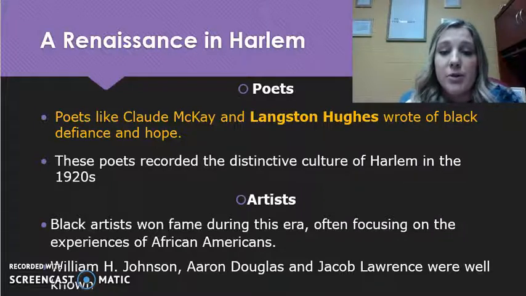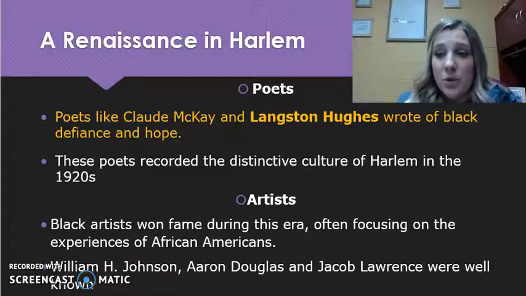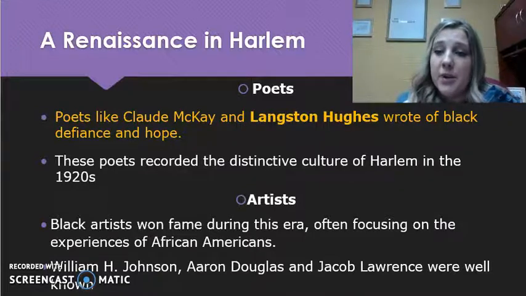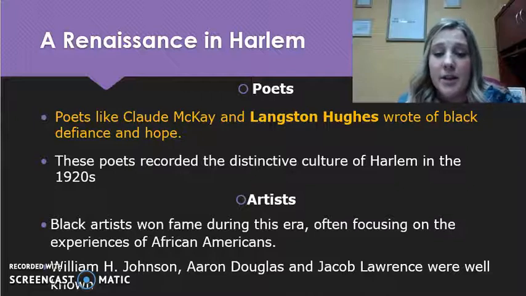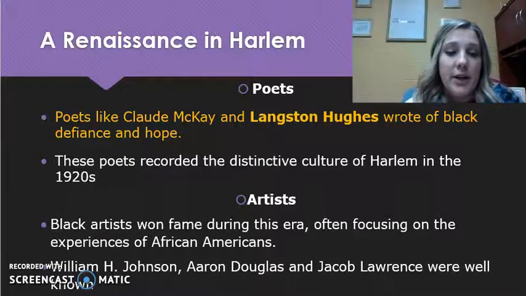These poets recorded the distinctive culture of Harlem in the 20s, and we're going to look at some of those writings today. Black artists are going to become pretty famous during this era, focusing on the experiences of African Americans. You have a few there at the bottom.